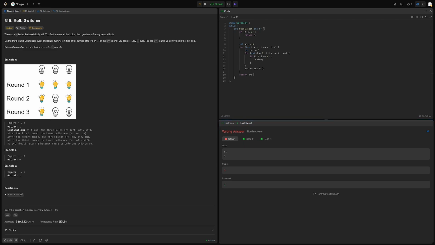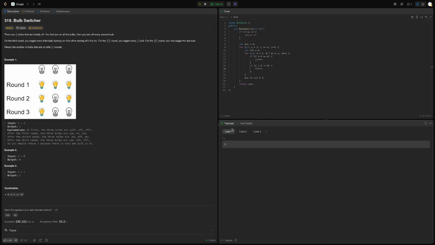That's tough. Why is that? Well, if i divided by d doesn't equal d, then count it twice, like that. Okay, so I change the test cases.